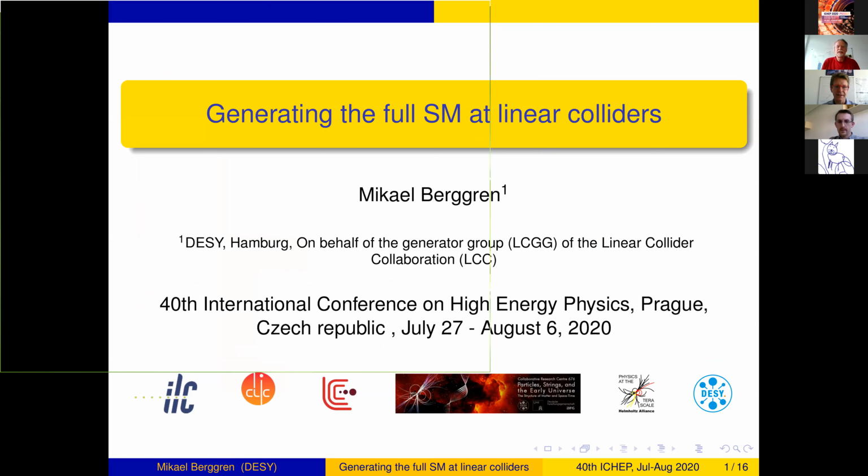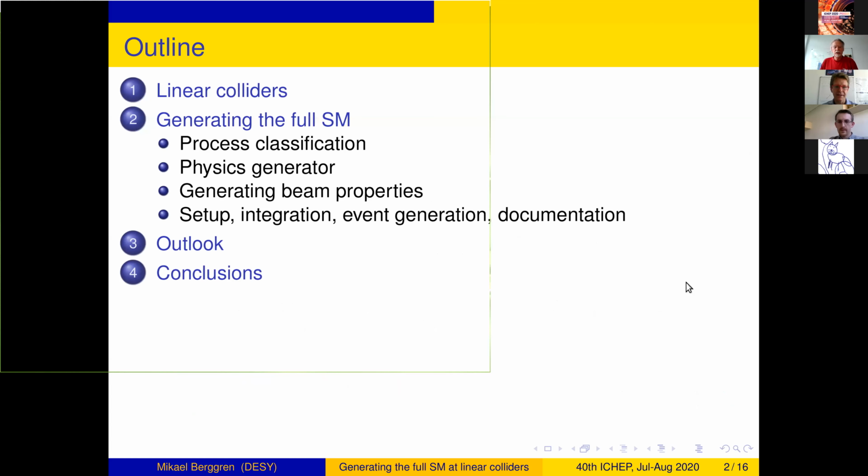So I'm very pleased to have the opportunity to explain how we generate the entire standard model at linear colliders. This is a talk on behalf of the Linear Collider Collaboration, in particular of the Linear Collider Generator Group, the LCGG. So this is the outline of my talk.